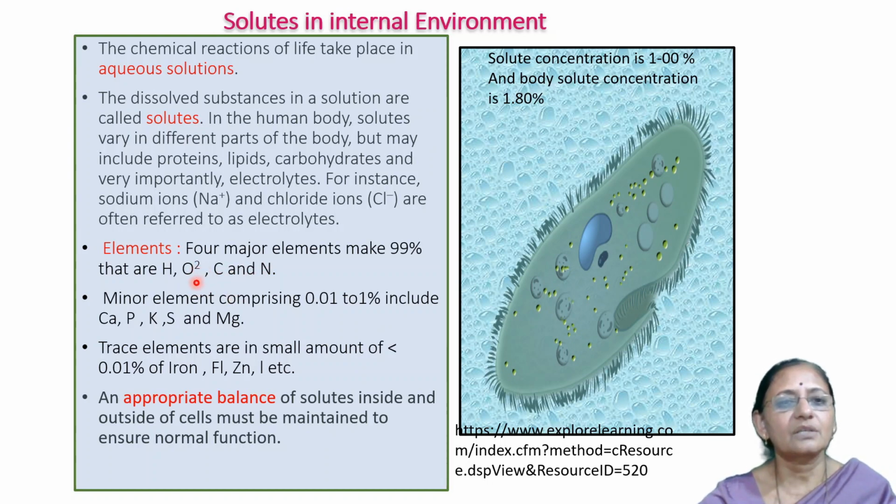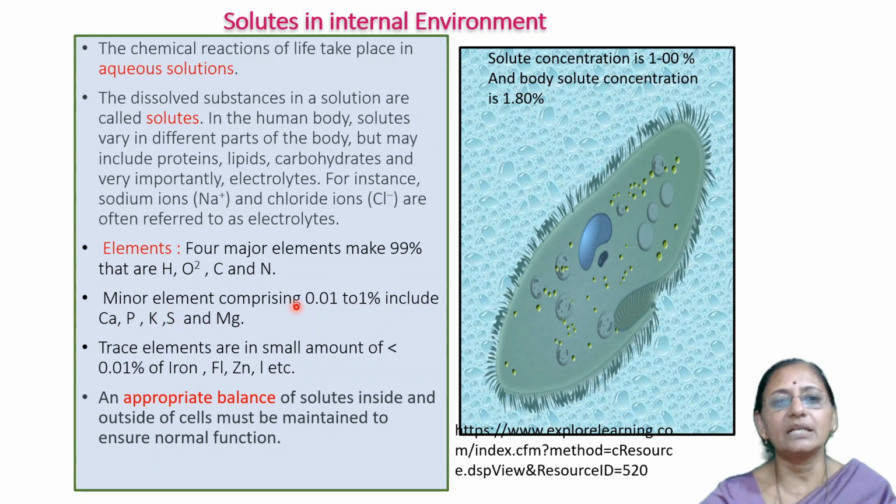Actually, it is a subscript, not superscript. 2 is there, O2. Hydrogen, oxygen, carbon, and nitrogen. The minor elements, comprising 0.01 to 1%, include calcium, phosphate, potassium, sulfur and magnesium.